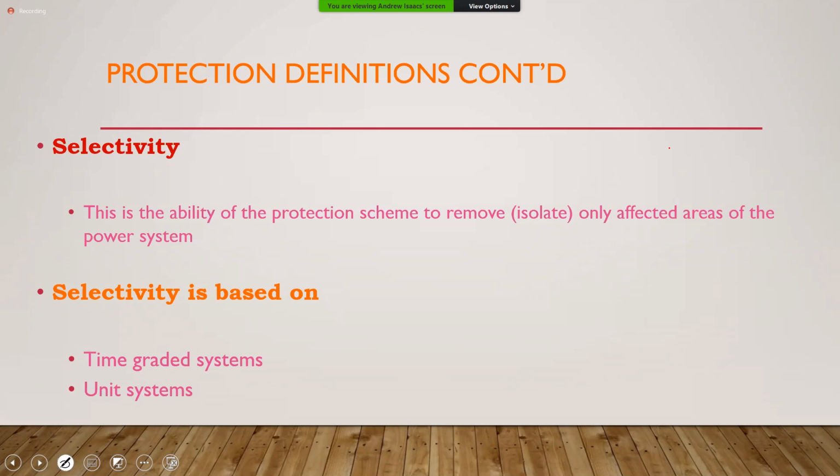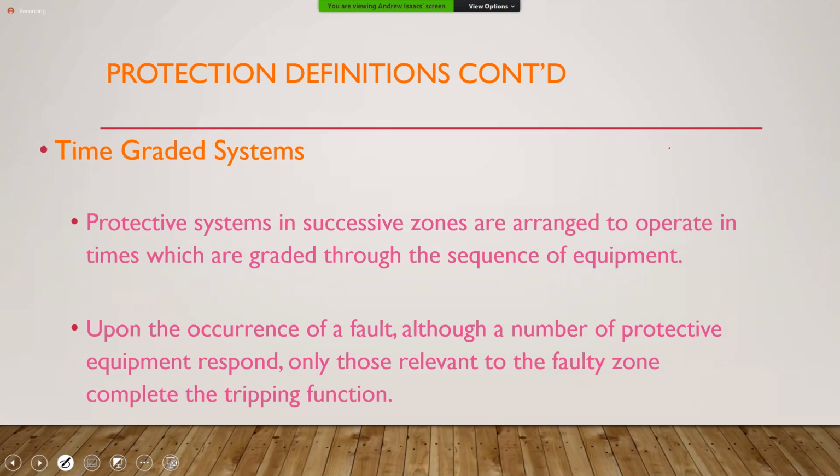So selectivity is based on what we call time graded or unit systems. Now, your time graded systems work in such a way that we have what are known as protective zones.